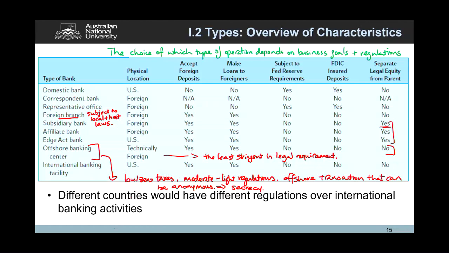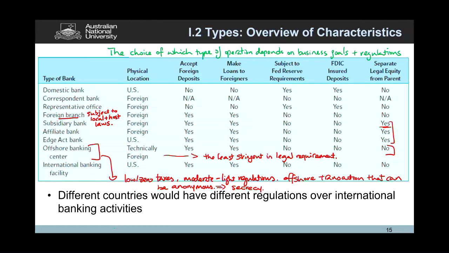But given that we know this exists, and given we know that banks are engaged in regulation arbitrage, what do you think would be the response? The rational response? From governments, we have a lot of international organizations that look after banking, such as the Bank for International Settlements, the BIS, the IMF, the World Bank.